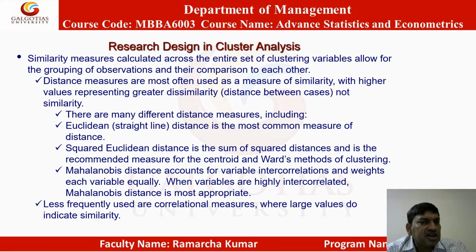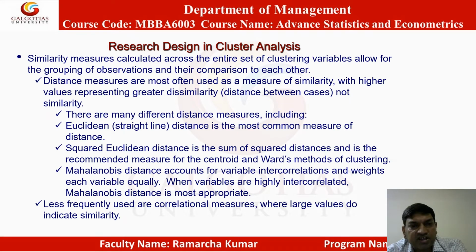Research design in cluster analysis. Similarity measures calculated across the entire set of clustering variables allow for grouping of observations and their comparison to each other. Distance measures are most often used as a measure of similarity, with higher values representing greater dissimilarity. Distance between cases, not similarity. There are many different distance measures. Euclidean straight line distance is the most common measure of distance.